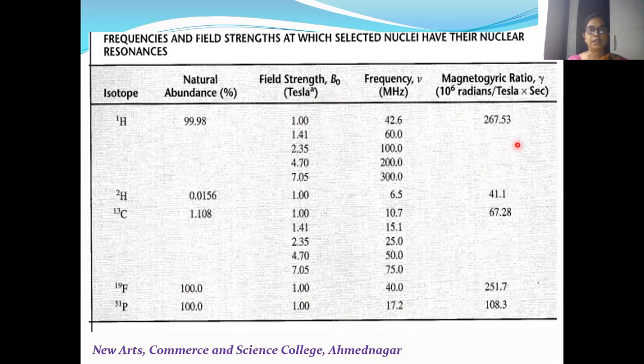If you look at this, the gyromagnetic ratio of H1 is 267.53 and that of fluorine is 251.7. So smaller changes in the gyromagnetic ratio are very important. They do not allow the nuclei to interfere in one another's spectrum.